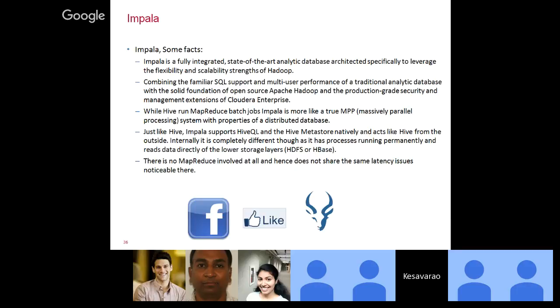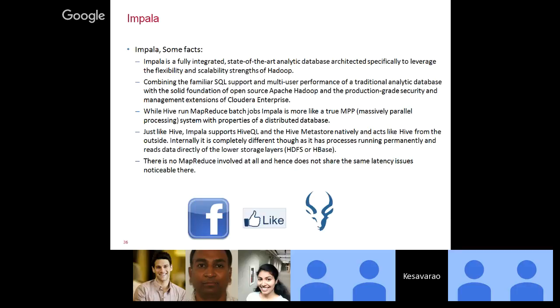Impala works like an MPP, which is a massively parallel processing system. Most data warehouse systems, like Netezza and Teradata, are all called MPP databases, right? They have these massively parallel processing capabilities, and Impala is built on a similar thought process.